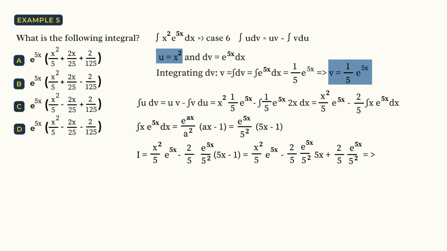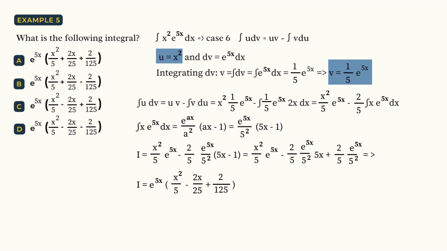Okay, so for this integral, we're going to bring e power 5x in front of the parentheses because it's the common term in all three. So e power 5x comes in front, open the parentheses, and let's see what we are left with.